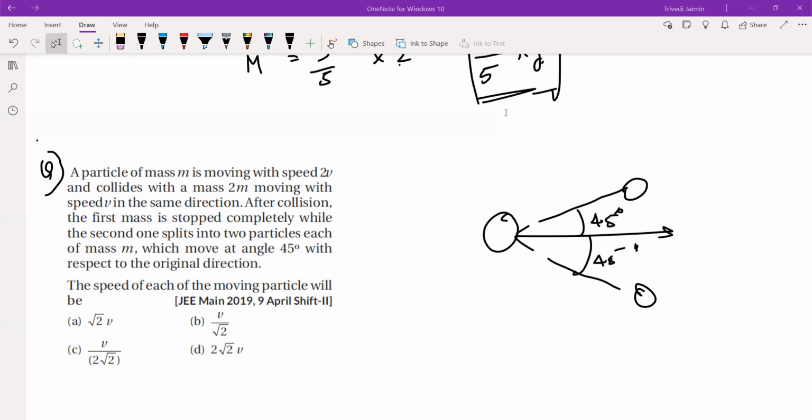Is anybody able to solve or not? Okay, enough time taken. Let me solve it.